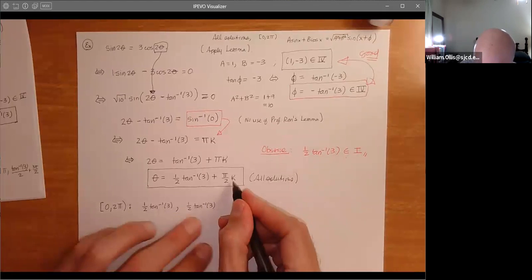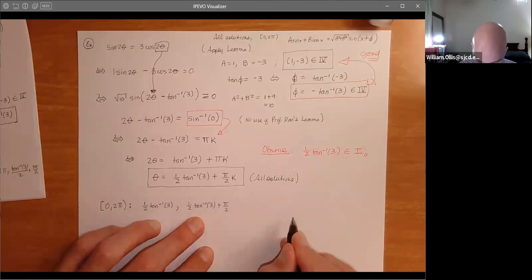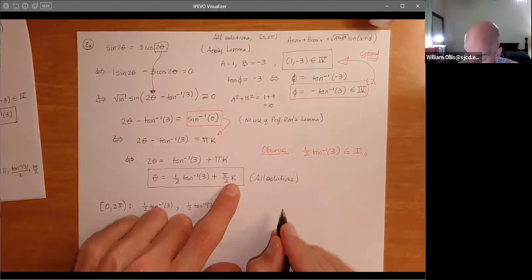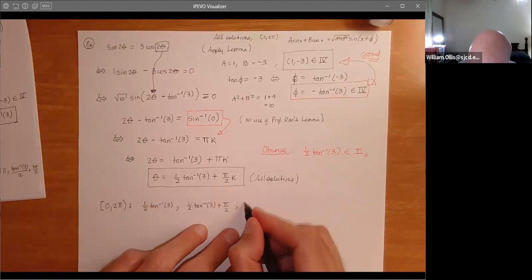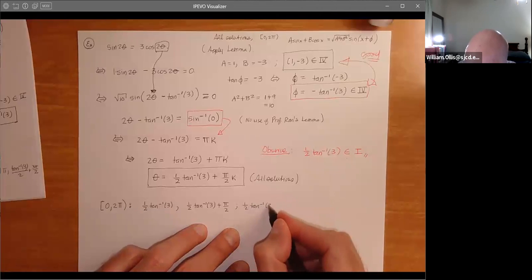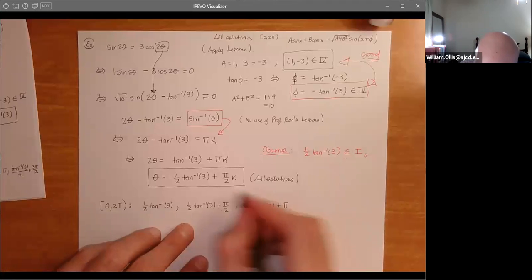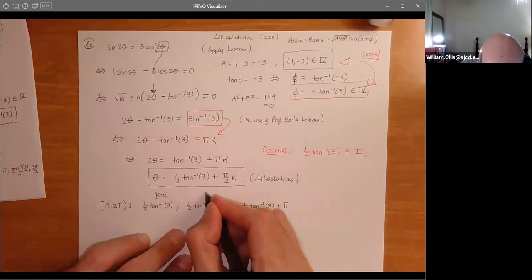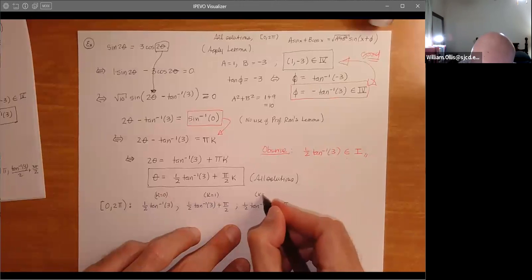Now let's push it into the second quadrant. So we do 1 multiple of pi over 2. Now, of course, if we do 2 multiples of pi over 2, that'll absorb the 2 if you like. So that'll just be pi. So we have 1/2 inverse tangent of 3 plus pi. Again, if you like, this is k equals 0, k equals 1, k equals 2.